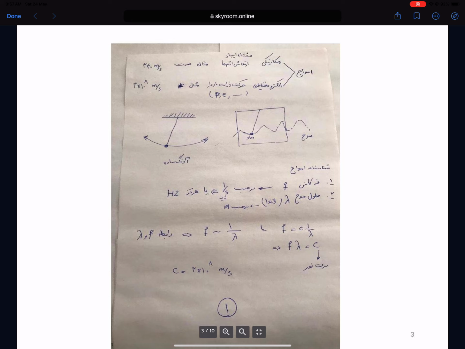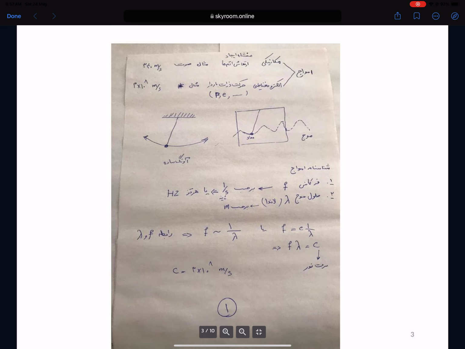For mechanical waves this speed is very low, but electromagnetic waves have a very high velocity, because mechanical waves, as I told you, depend very much on environmental conditions. For example, if you change the humidity, the speed of mechanical waves will decrease.